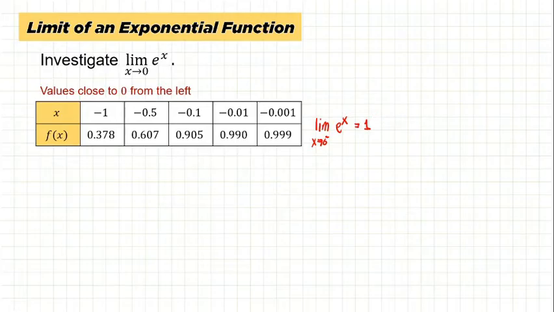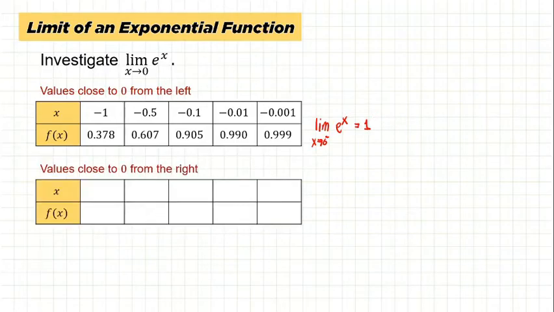Now, how about from the right? We will have these values: 1, 0.5, 0.1, 0.01, and 0.001. As you can see, the values get closer and closer to 0 from the right.